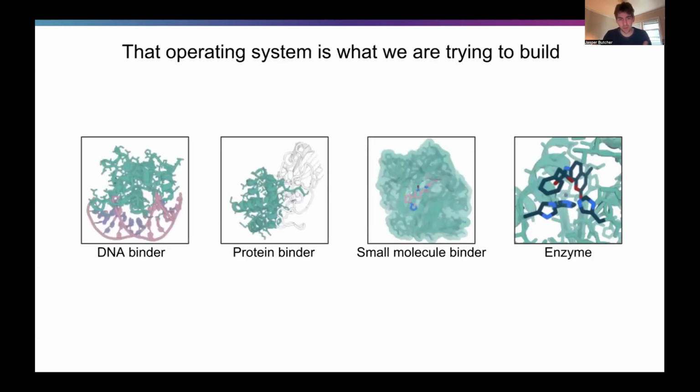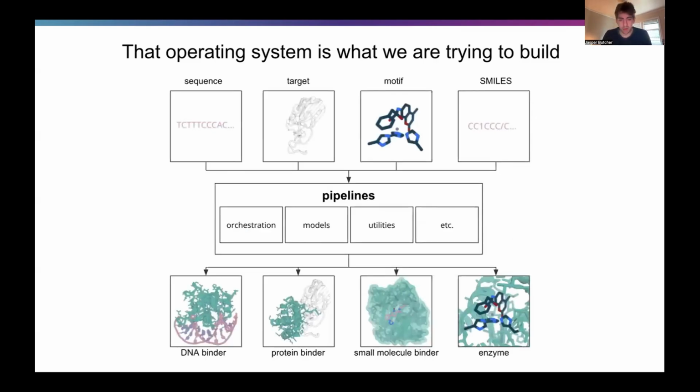So, yeah, we're trying to fit a lot of constraints with this. All of these different design tasks have very different constraints and different pipelines that they require. So with this work, we're trying to take all of these different examples and put them into one orchestration repo, to orchestrate and solve all of these problems in the back end, allowing you to get access to designing all of these different types of proteins.